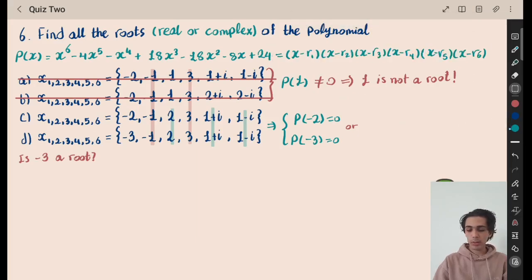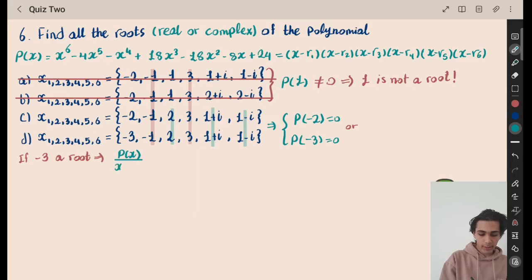So in this format, we know also that it has 6 roots because it's a degree 6 polynomial. And so the trick here is: if minus 3 is a root, then dividing p of x by x minus negative 3, which is plus 3, but I'll leave it as it is, yields no remainder.